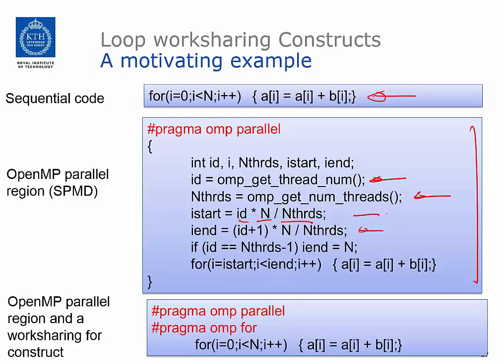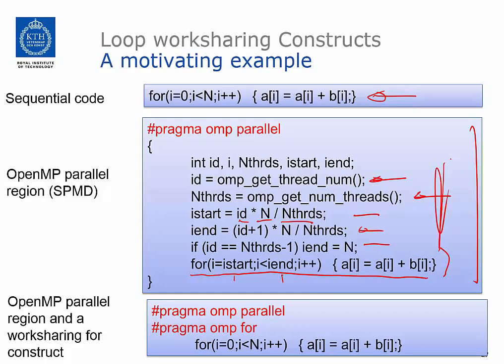And then you have to do some extra code to figure out if n is not evenly divisible by the number of threads, and then you have the loop. Each thread will then execute this code here, from i start to i end. It works. Not very pretty. You sort of dwarf the real code behind the management code here.